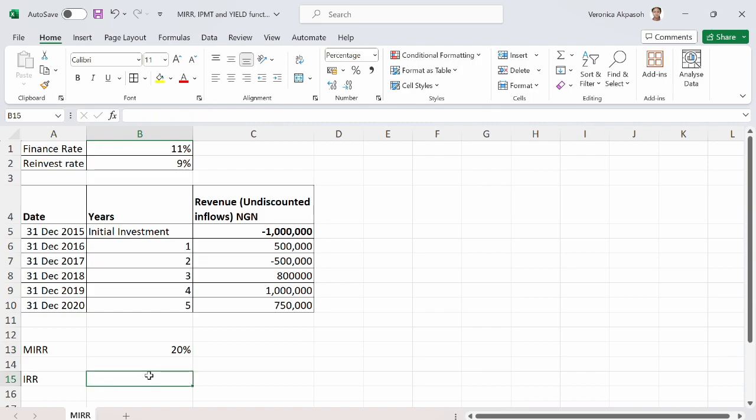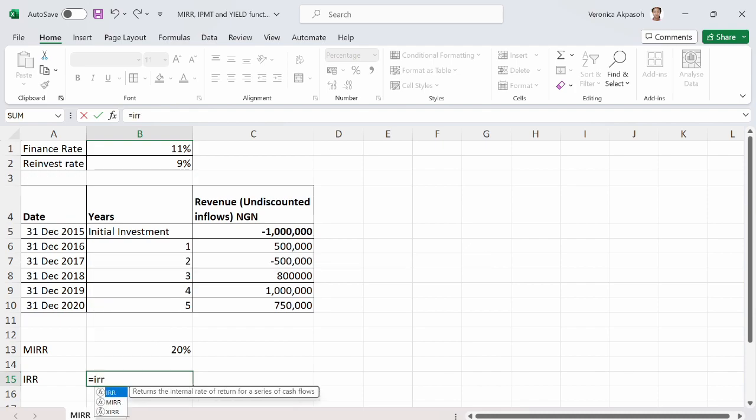Let's look for the IRR and see whether we will get the same result. So you type the equal to sign IRR, you open the bracket, you select the entire values. The first argument is the values, which is the values for the cash flows. You put the comma separator, and the next argument is guess.